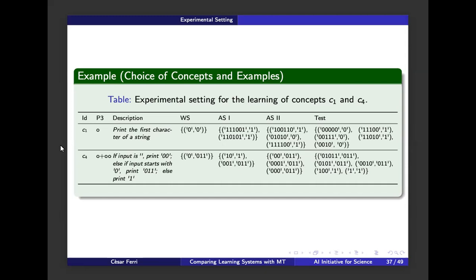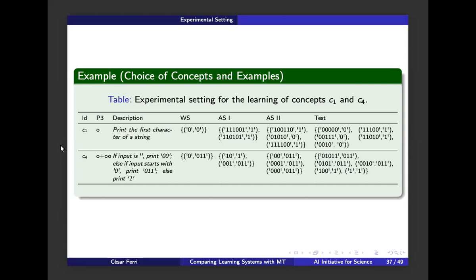In fact, the useful thing is the description of the concept. For instance, this is why French concept is really easy. It's just to print the first character of the string. And here we have the minimal witness set: the first extra batch with 2 examples, the second extra batch with 3 more examples, and the test examples.